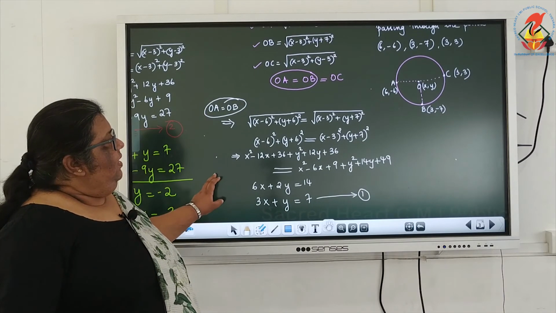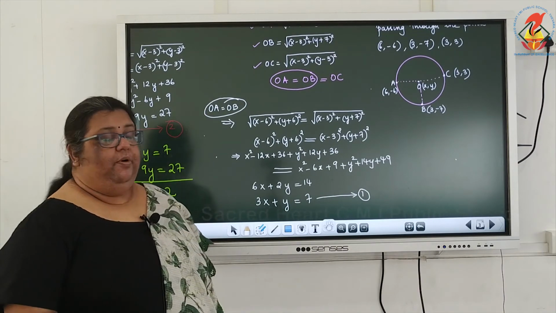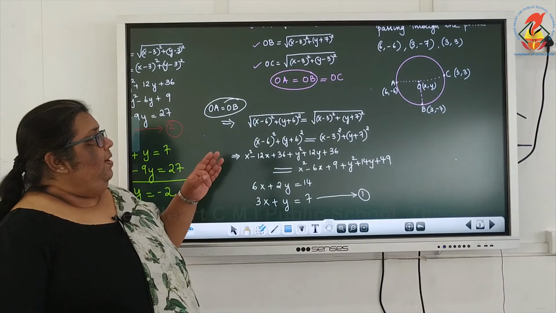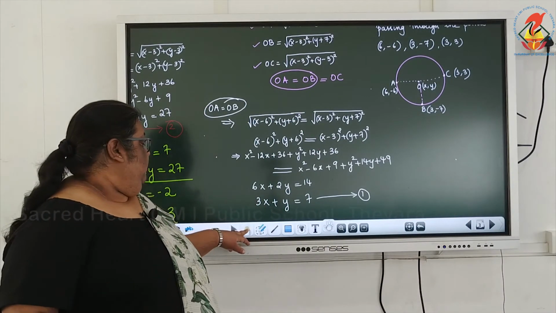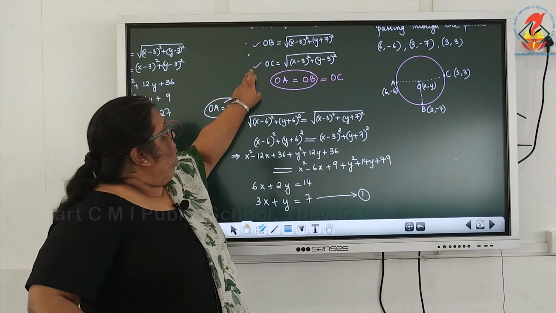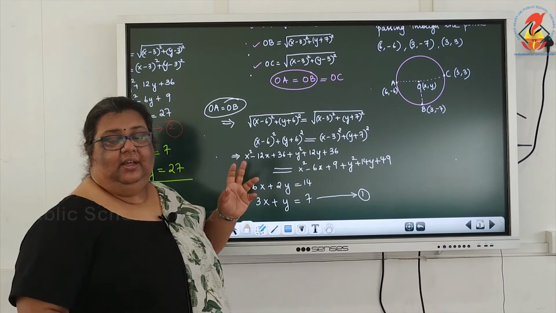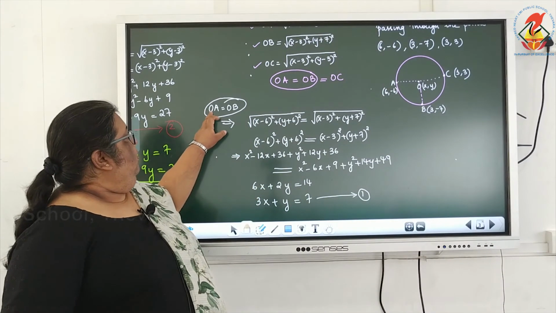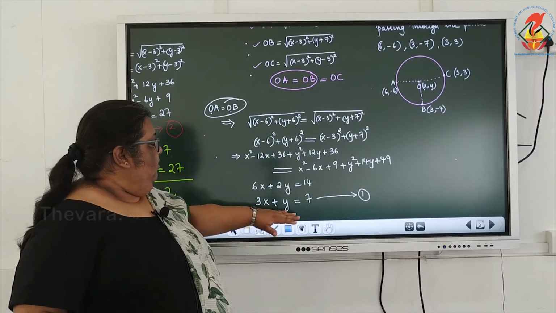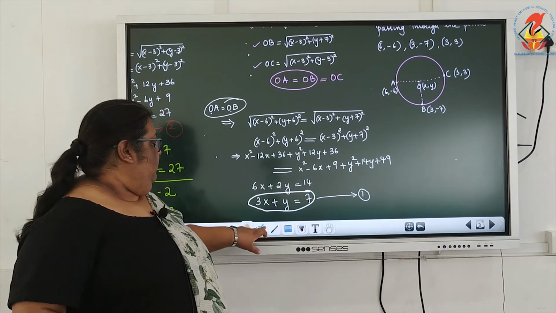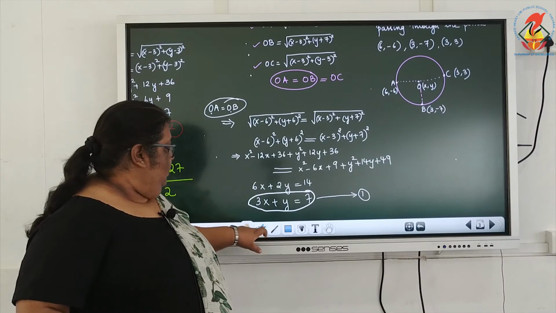So, there was a circle. There are 3 points on the circle. You need to find the center. So, from the center to the 3 points, we found out the distances using the distance formula. Since the radii of the circle are equal, we took OA equals OB first. We got an equation 3x plus y is equal to 7. You have to simplify it, okay.